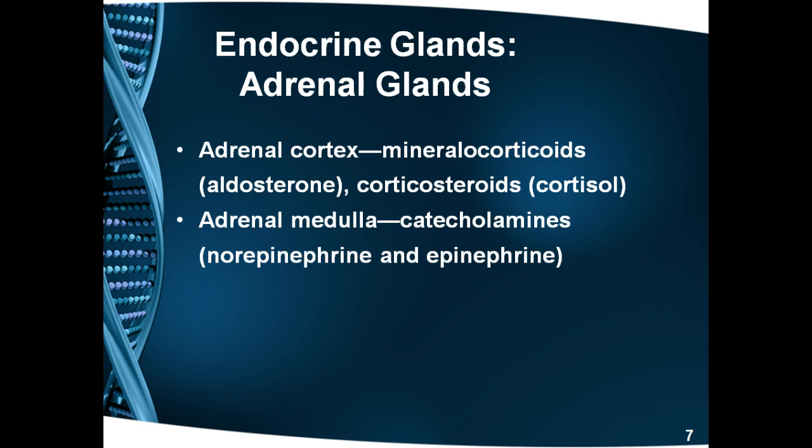Aldosterone serves to regulate the sodium potassium content in the body. Then also, the adrenal cortex consists of corticosteroids. The corticosteroids are the hormones that are secreted by the adrenal, like cortisol and that type of thing.